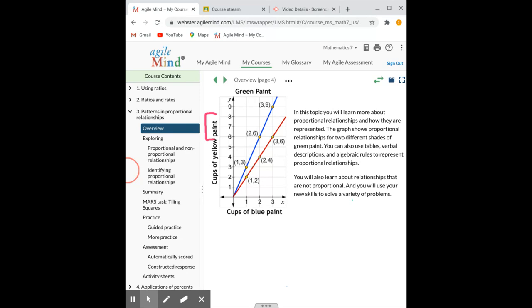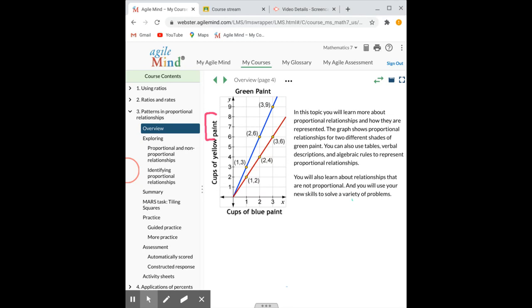You can also use tables, verbal descriptions, and algebraic rules to represent proportional relationships. You will also learn about relationships that are not proportional. You will use your new skills to solve a variety of problems. All right.